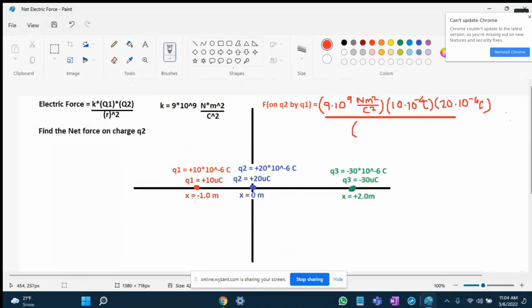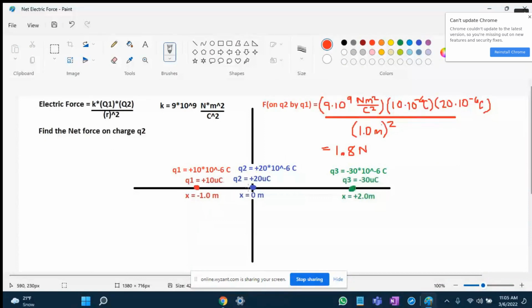And the distance between the two charges would be 1 meter, so it would be 1.0 meters squared. And then if you plug that into your calculator, you would get 1.8 newtons.